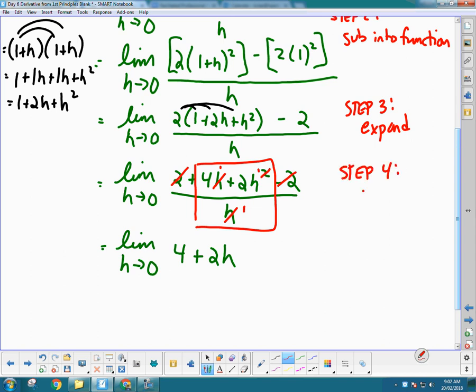So we did lots of simplifying. And this is where I'll put in brackets the constants cancel. If they don't, you've probably made an arithmetic mistake. And then step 5, divide by h.